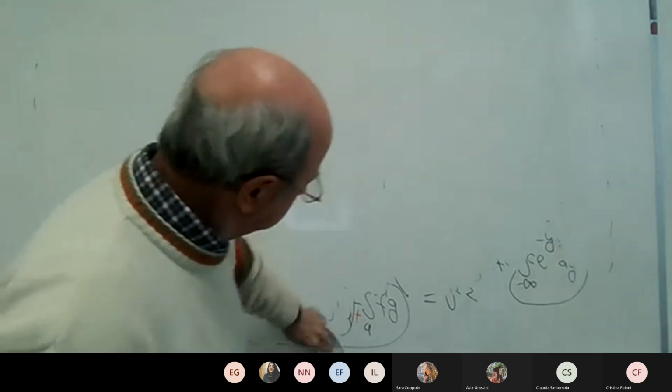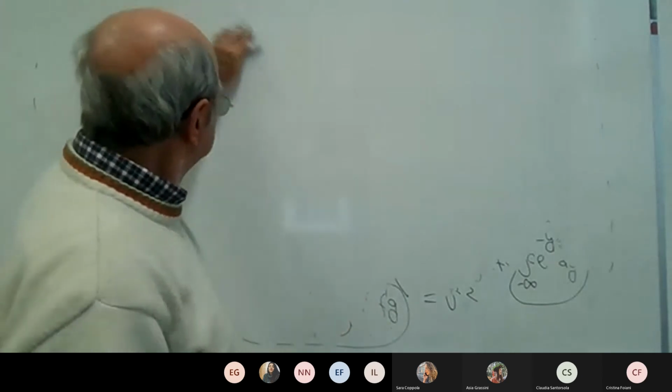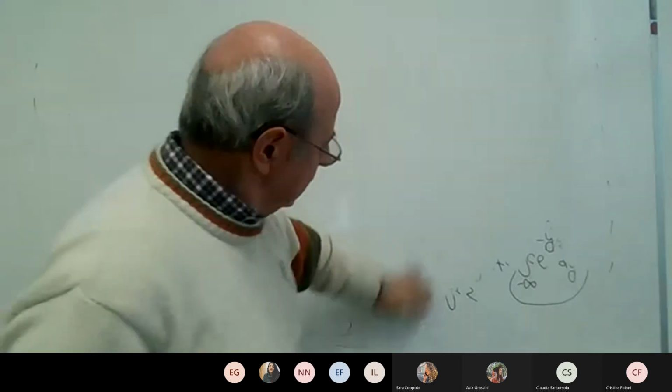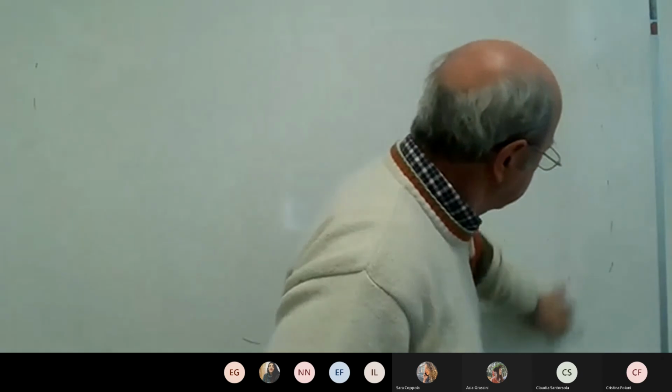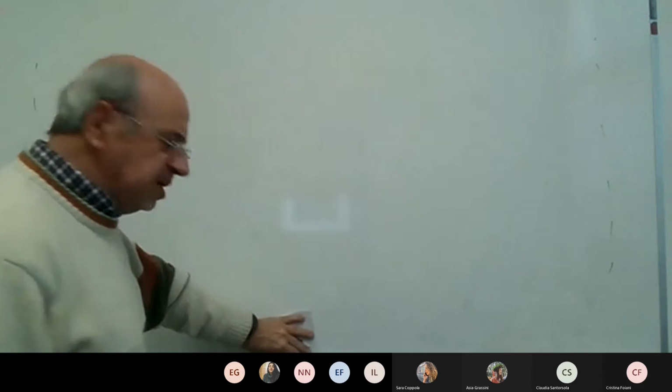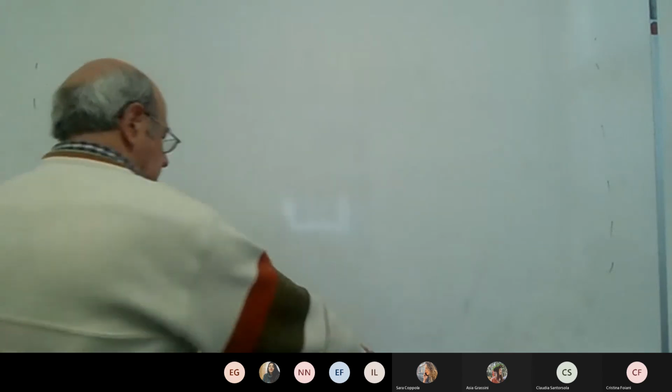Typically, when you have normal distributions, we saw that they are characterized completely by two parameters.